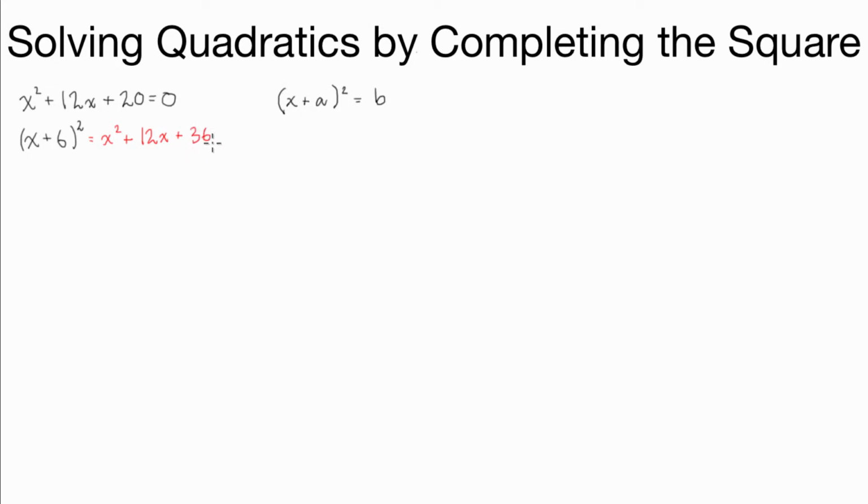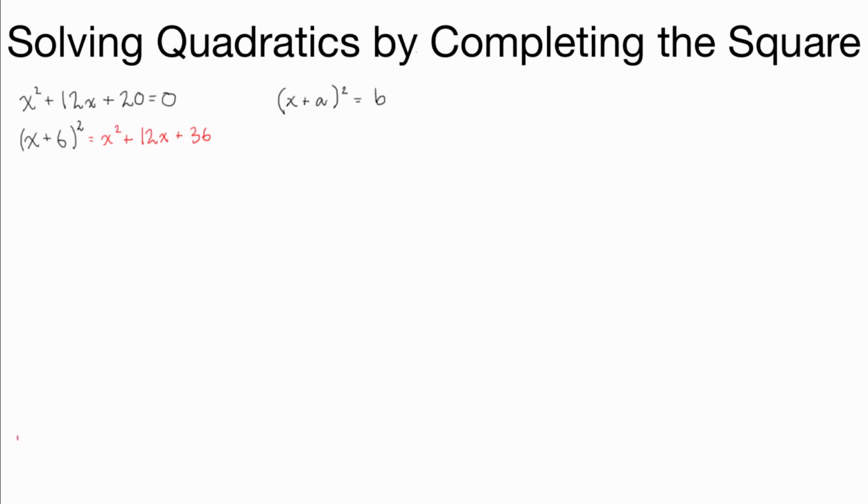Now, we get left with this 36 term here. This 36 term is not at all like this 20 term, but what's good about it is we've got this x squared plus 12x, which is what we have up the top here.